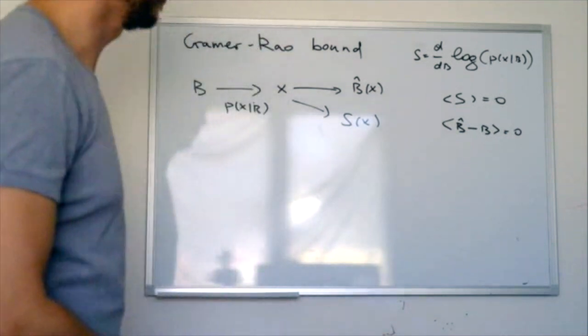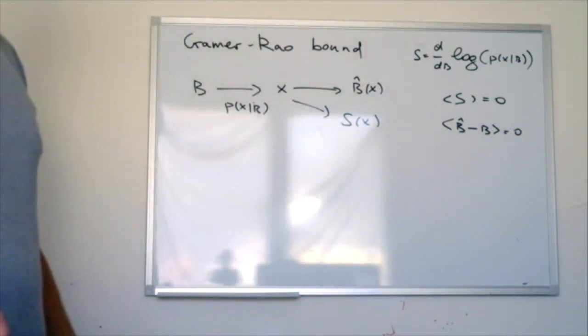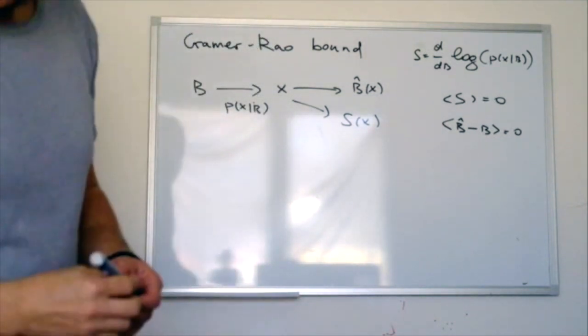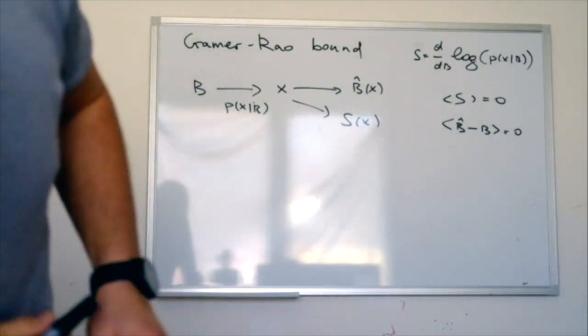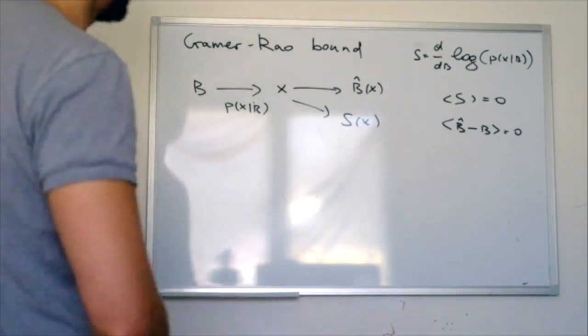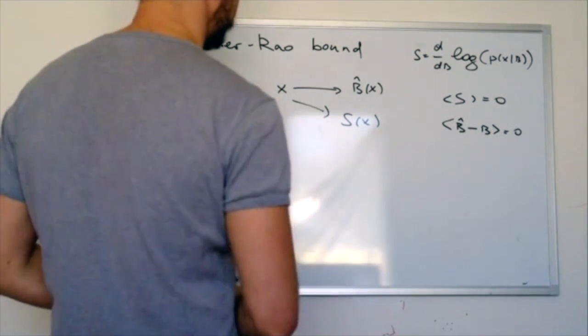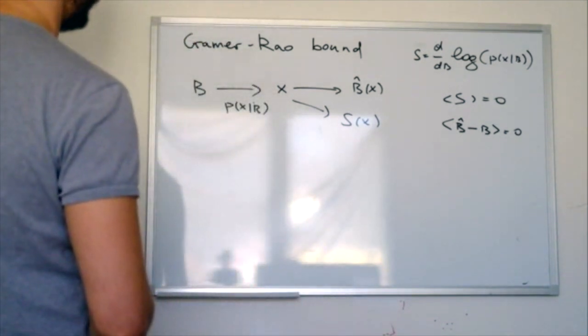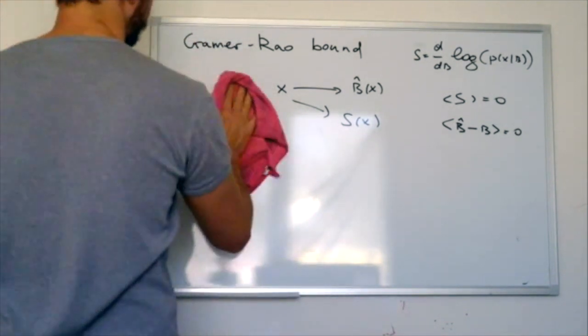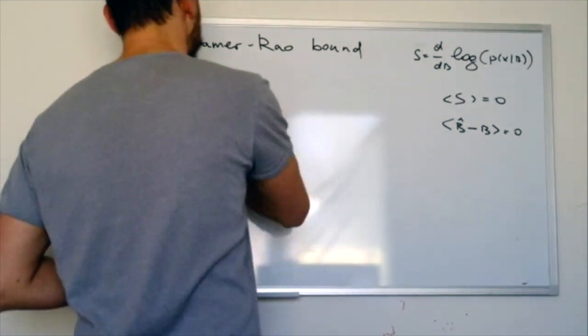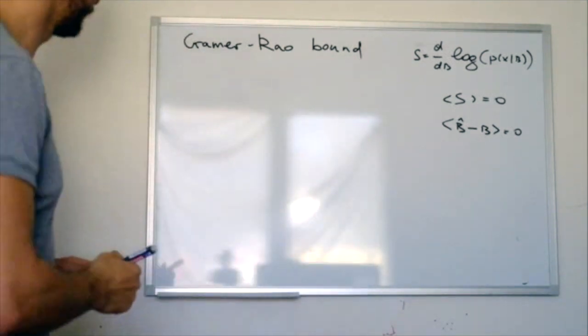The mean of V is precisely given by b. Well, now we consider the following. We have our two random variables, and we look at the product of their variances.